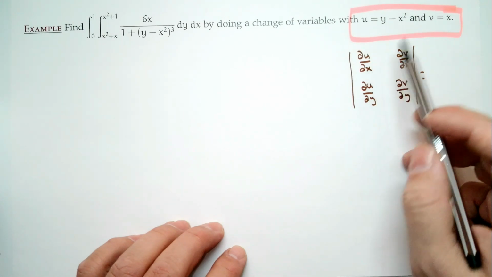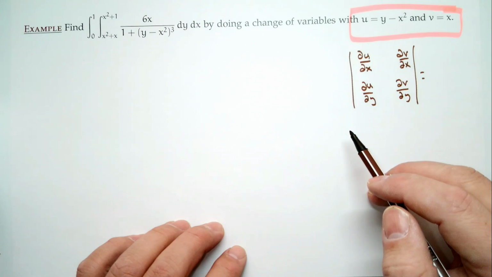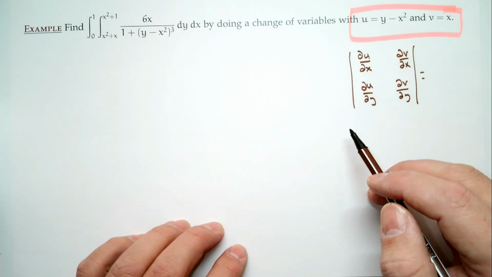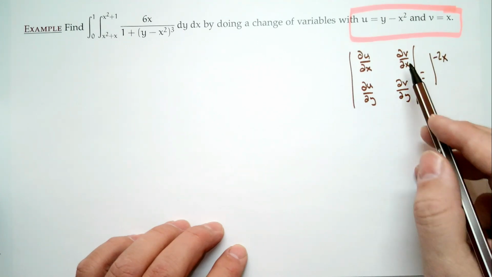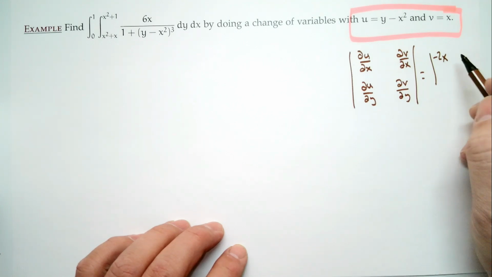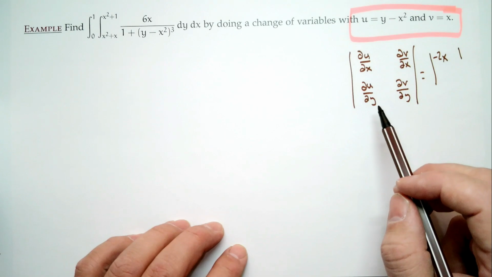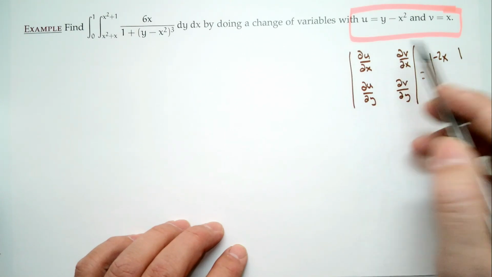What's the derivative of u with respect to x? Negative 2x. What's the derivative of v with respect to x? 1. What's the derivative of u with respect to y? 1.